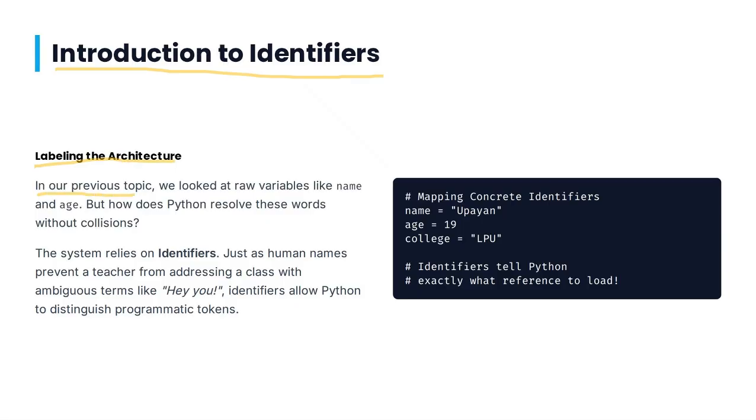In our previous topics we looked at raw variables like name and age, but how does Python resolve these words without collisions? The system relies on identifiers.